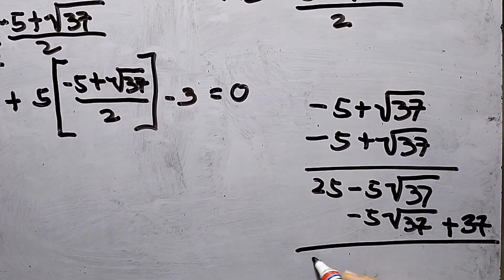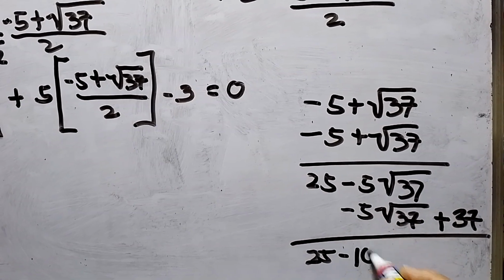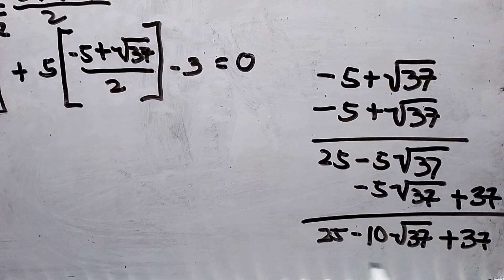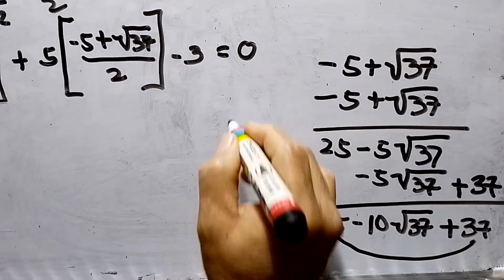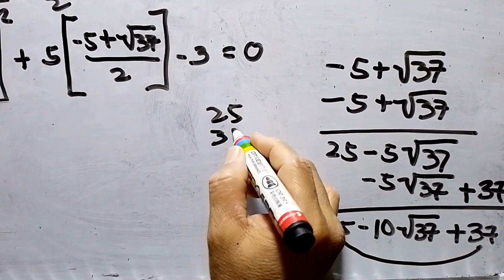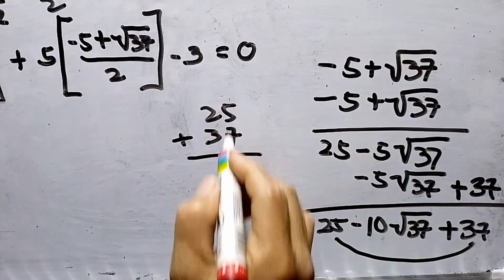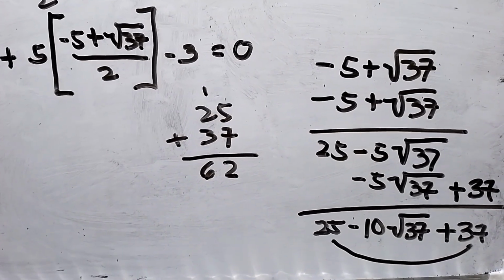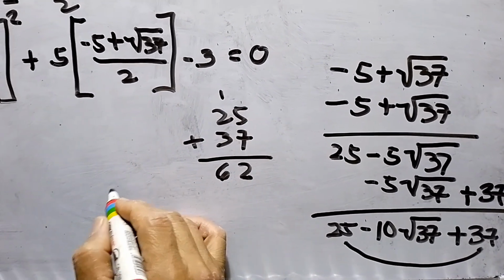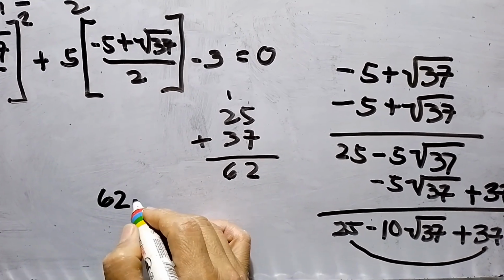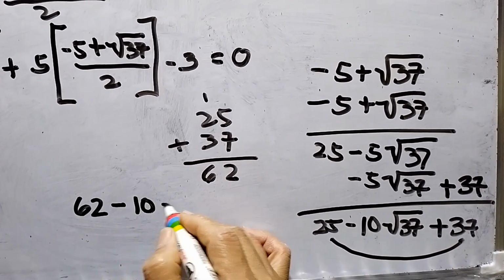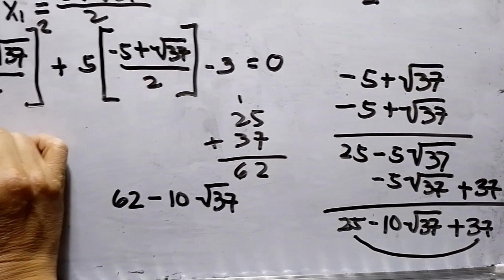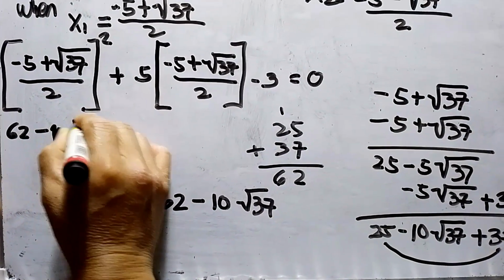Sum up, 25, this will be minus 10 square root of 37 plus 37. And then combine, 25 plus 37 is 62. So I will write here 62 minus 10 square root of 37.